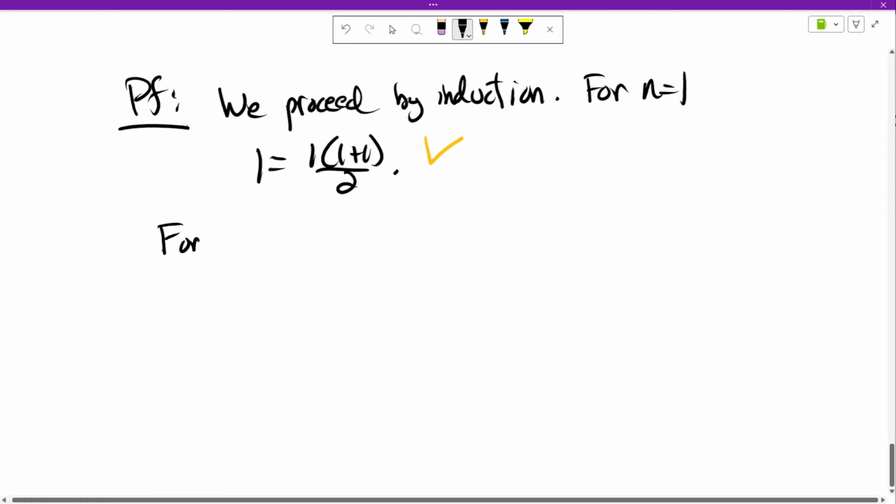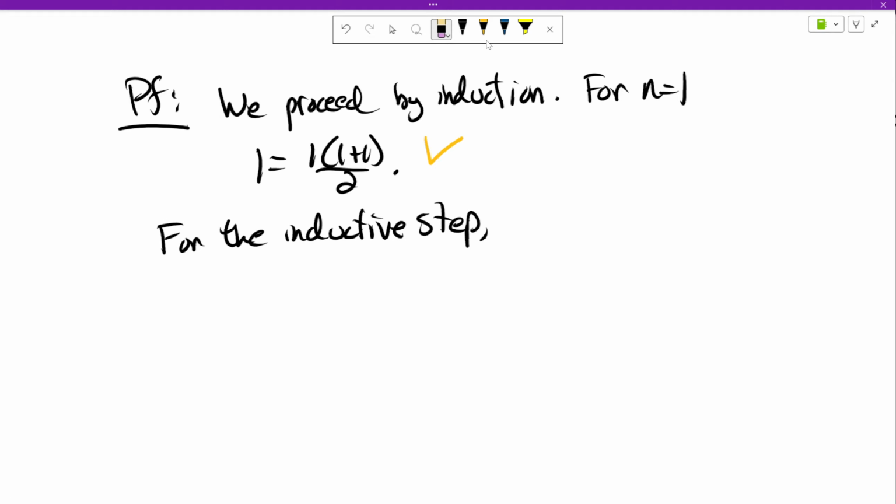For the inductive step, well, let's be really careful like we were before.